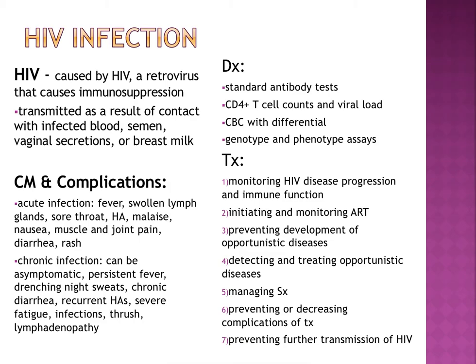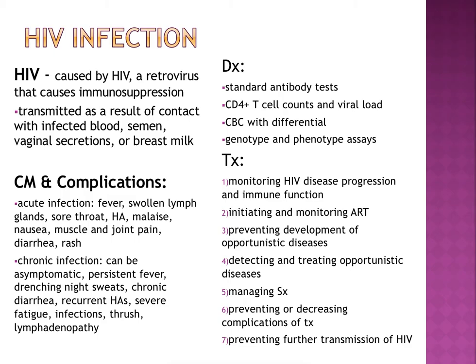So those who have a history of blood transfusions, IV drug use, what we consider risk behavior, including men having sex with men, women in the pleasure industry, those with multiple partners and unprotected intercourse. So those are persons you might be screening when you're hearing their history.